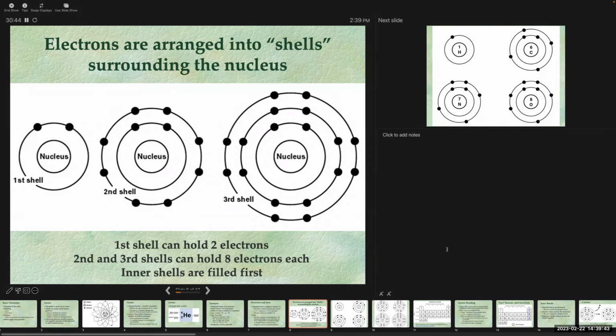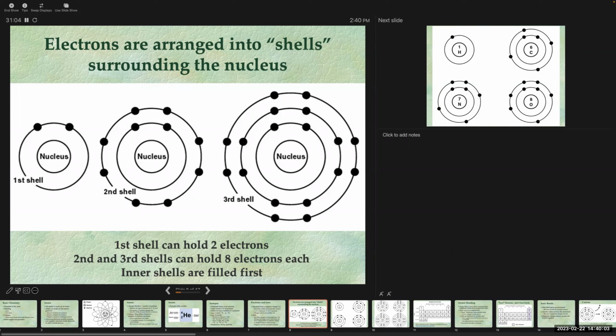What Niels Bohr recognized was that the electrons are not whizzing around the nucleus in equal orbits. The electrons had different energy levels, what we often refer to as electron shells.